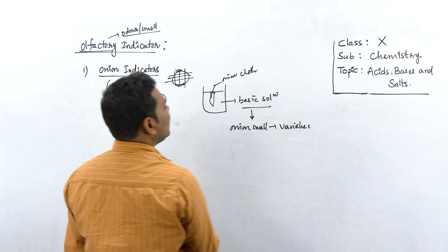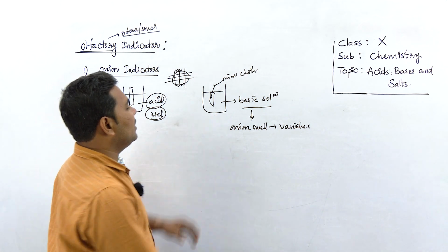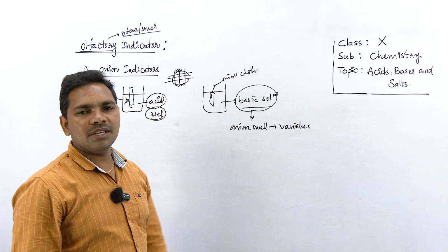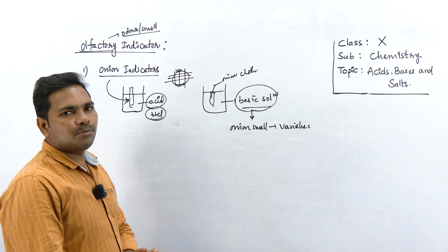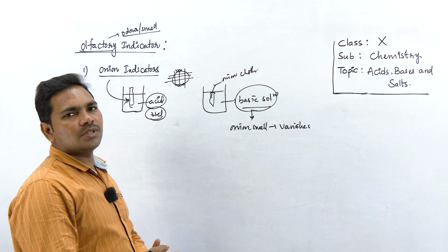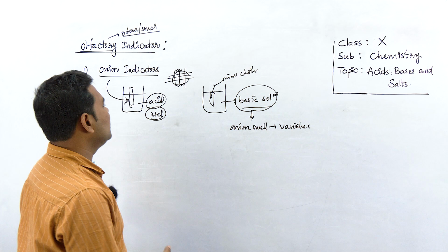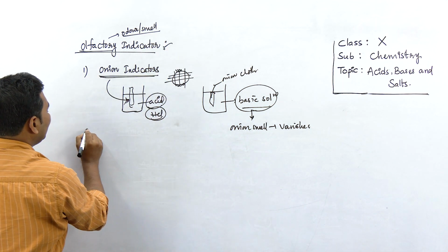If the smell of onion completely disappears, then we can identify that the solution used to dip the onion cloth is a basic solution. So by changing odor, the strip of onion cloth is also used as an indicator to identify the acidic and basic nature of substances, and this is one of the olfactory indicators.